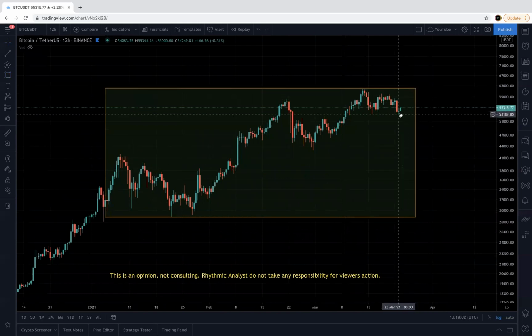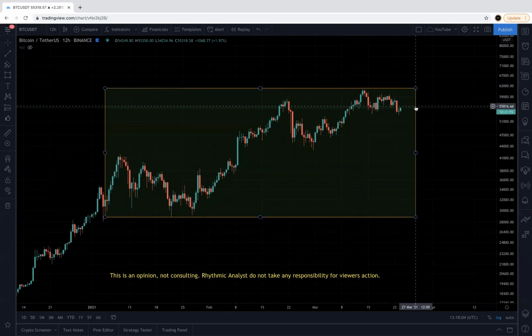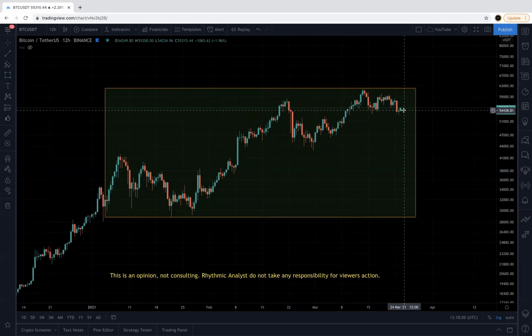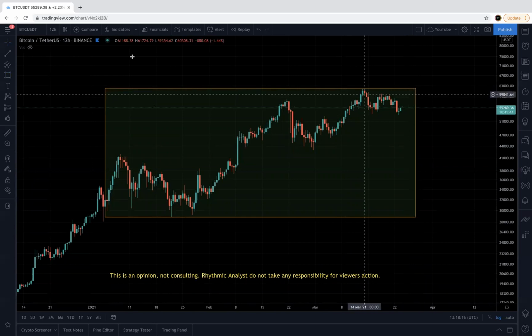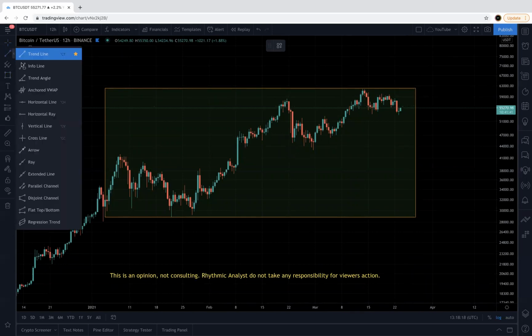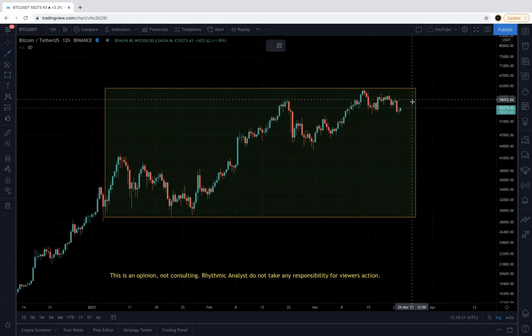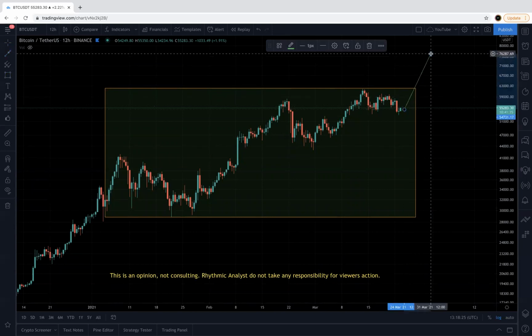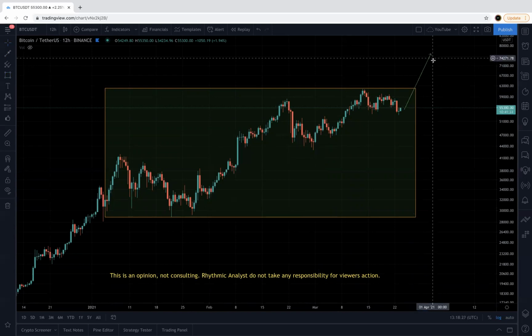What it gives me is a window. So in the next few days, it could be tomorrow, the day after, but in the next 3 to 6 days, I'm expecting this Bitcoin price to move up in this angle and break above, like this.